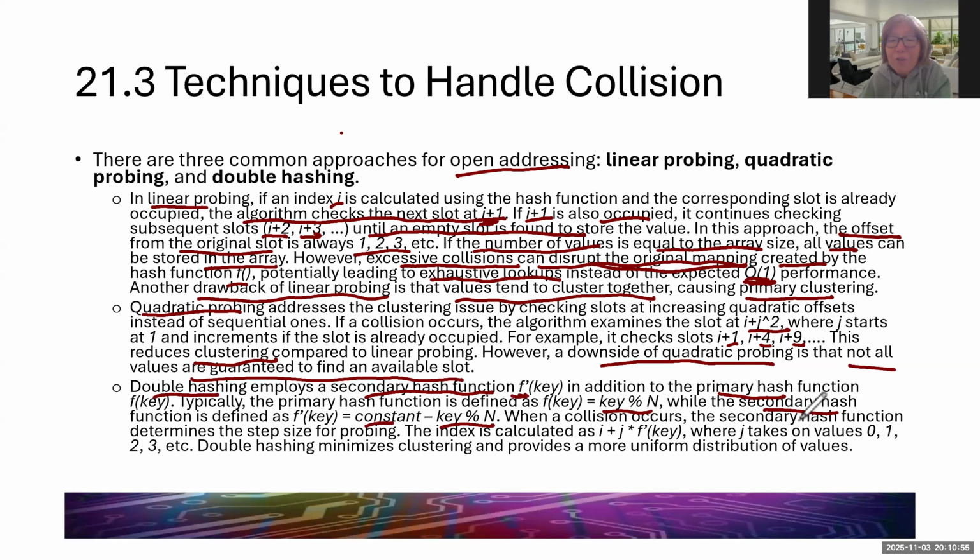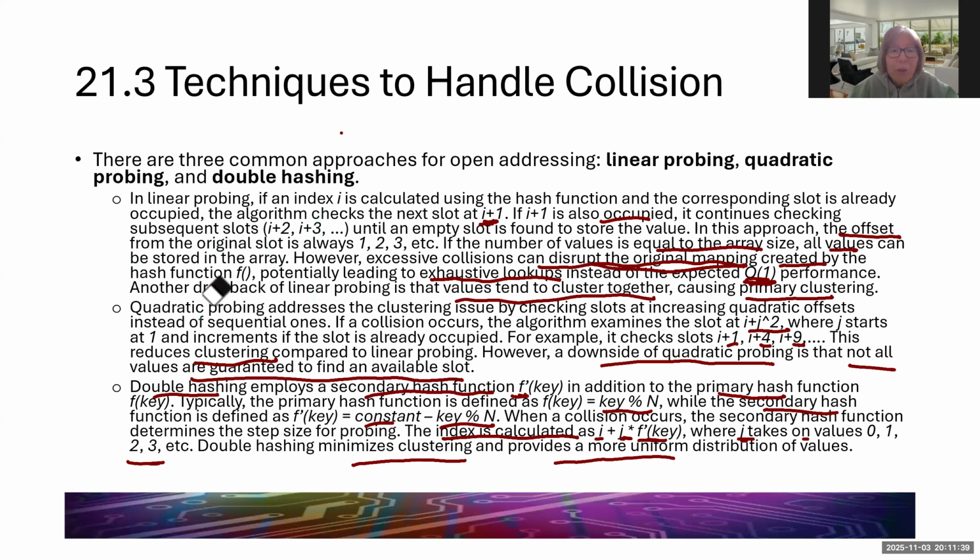If a collision occurs, the second hash function determines the step size for the probing. So the index is calculated as I plus j times the secondary hash, where j takes on the values 0, 1, 2, 3, 4, and so on. In this way, it can minimize clustering and provide a more uniform distribution of the values. That's its advantage.